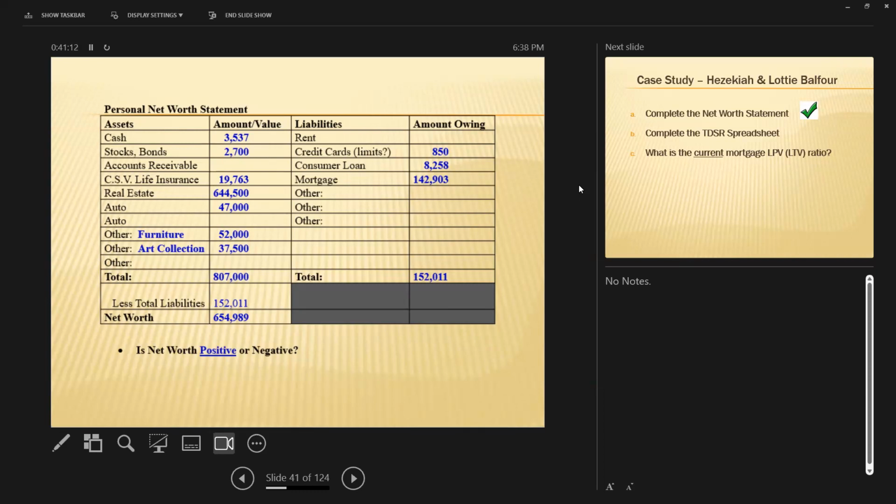So, for example, if the Balfours had a 20% interest in a store called Fancy Shoes, and that 20% ownership was worth $25,000, then you would put that in there because they own 20% in Fancy Shoes and the value is $25,000.